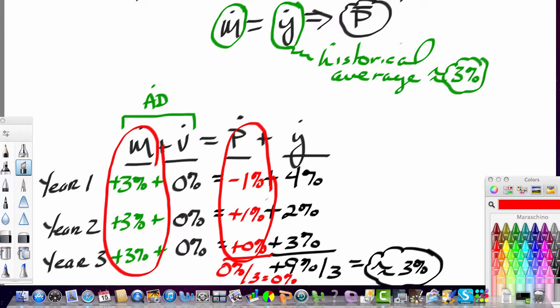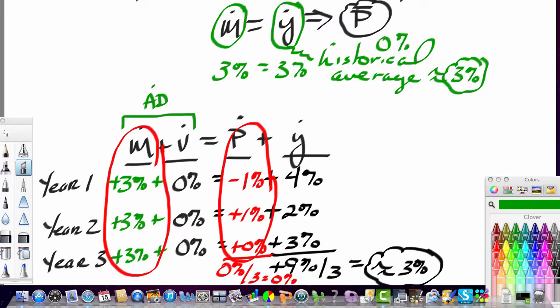In some years they go up a little bit, some years they go down a little bit, but on average they stay roughly the same. So if we go back up to our model, if this is about 3% and this is about 3%, then this will be 0%.